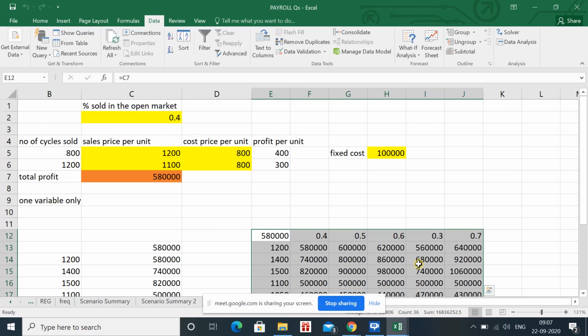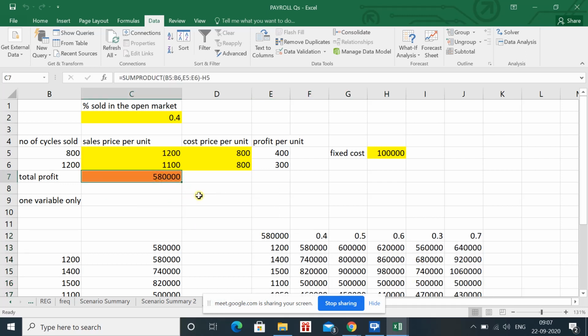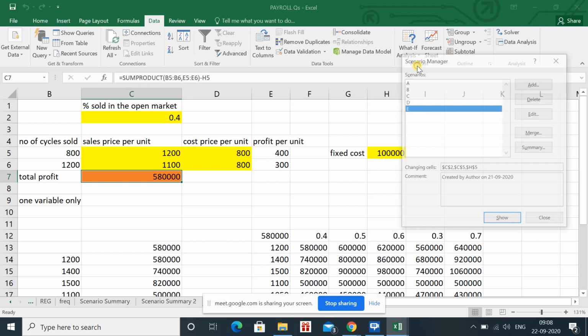In this case, I have kept my cursor in C7, where I have applied the formula for the profit. Then I move to Data, What-If Analysis, and then Scenario Manager. I'm repeating: go to Data, What-If Analysis, and Scenario Manager.